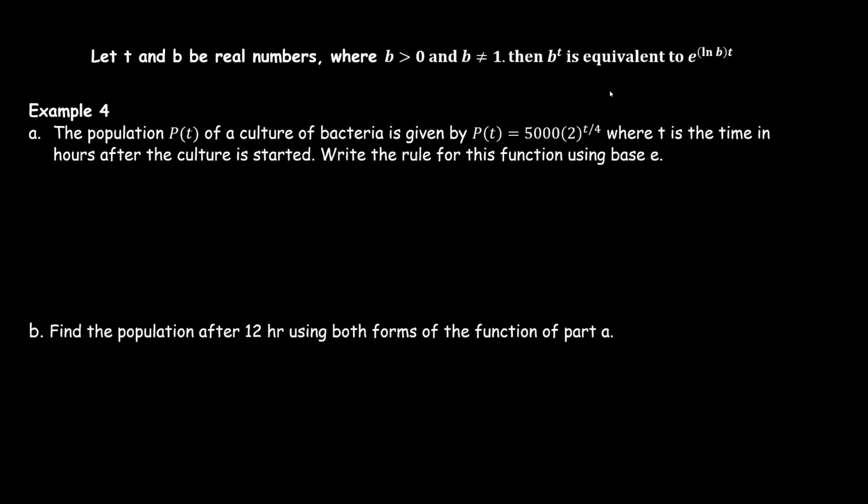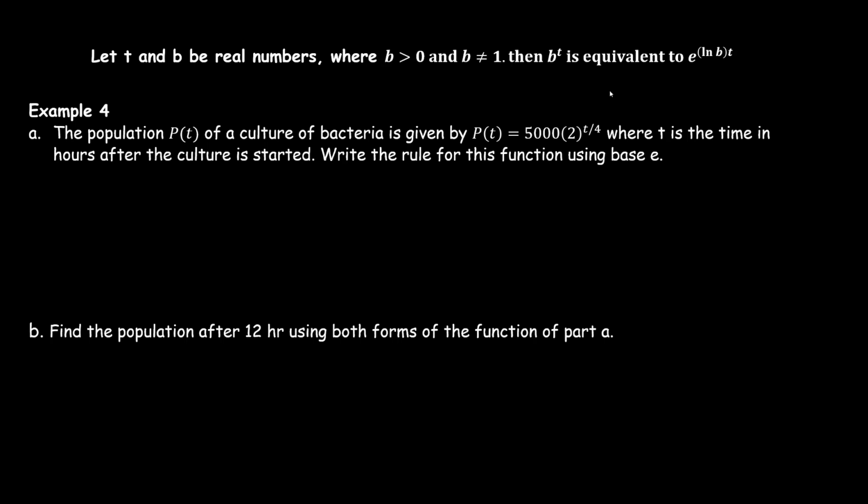The rule, the way that your book has this written, is let t and b be real numbers, where b is greater than 0 and b is not 1. Then b to the t power is equivalent to e raised to the natural log of b times t. Because e raised to the natural log of b is just b. You're raising e to the power you'd raise e to get b. So that's b. So b to the t.